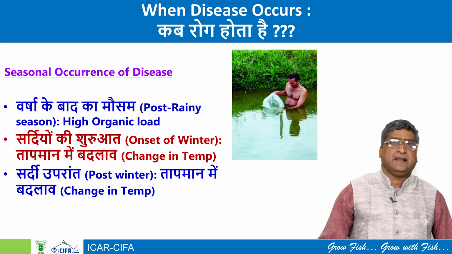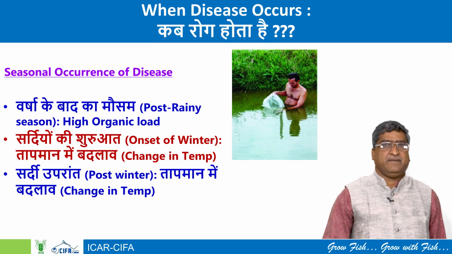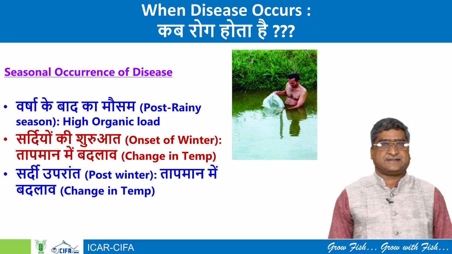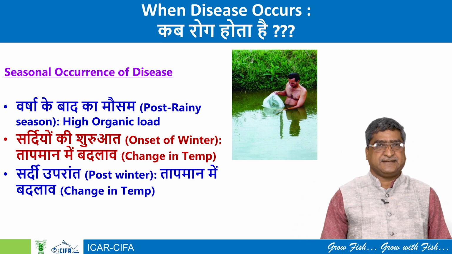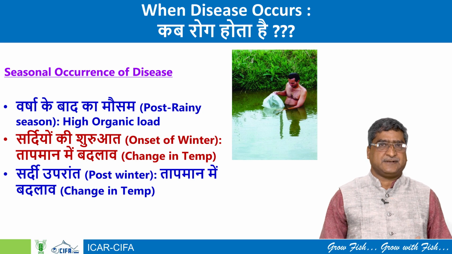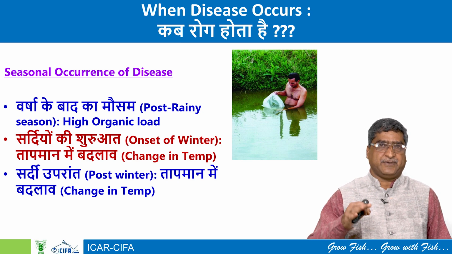So now we'll see when disease occurs in the aquatic system. There is seasonal variation, mainly three factors. One is the post-rainy season, when after rain there is a lot of organic load in the culture system that increases stress to animals. The onset of winter, when temperature drops.